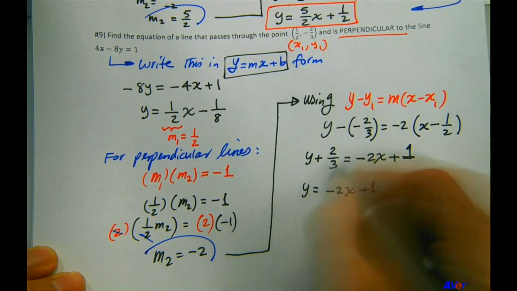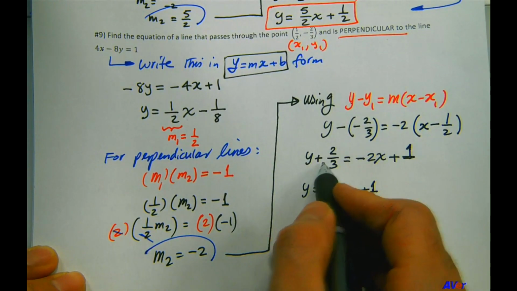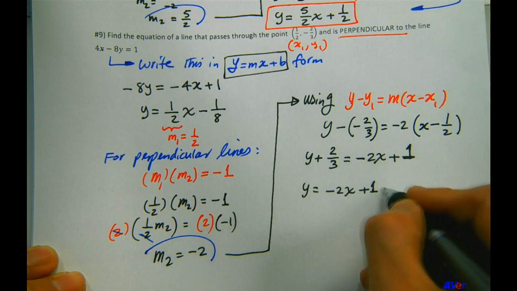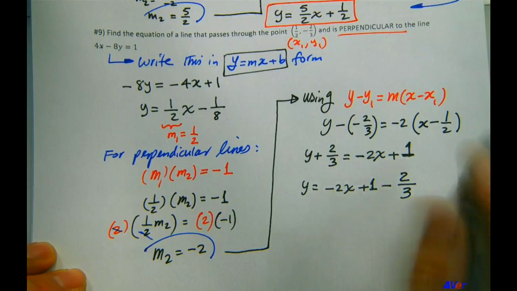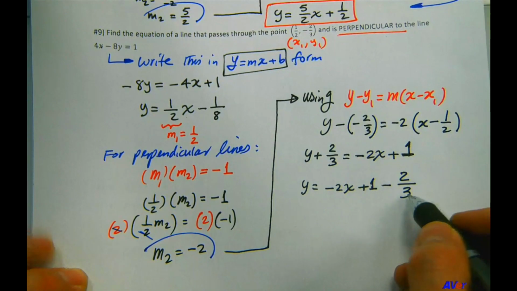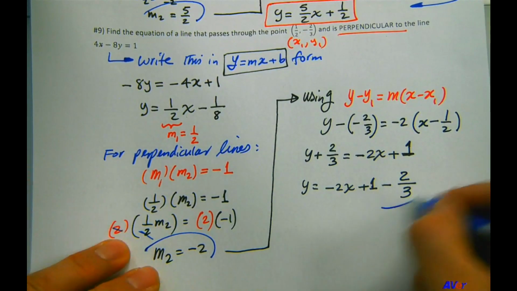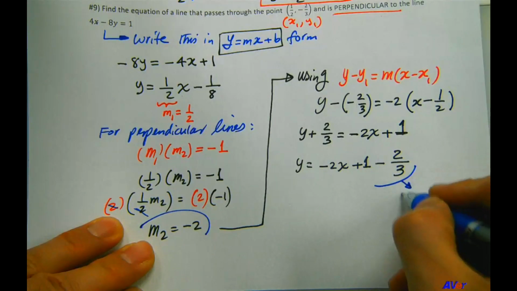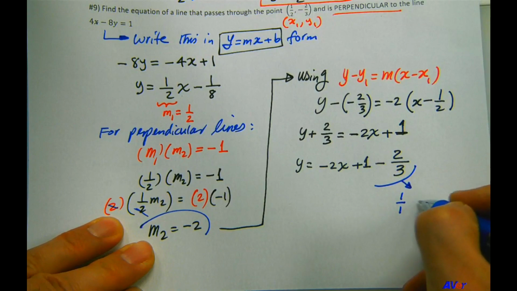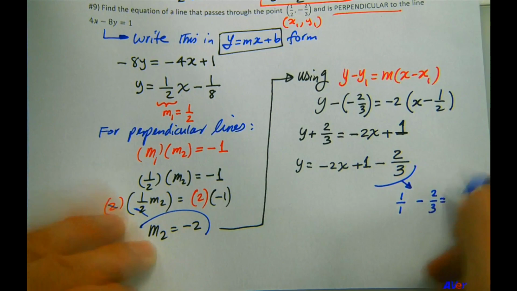Move the 2/3 to the other side. It was positive on this side. When you move it across the equality symbol, it becomes negative. Minus 2/3. So for this piece, take the common denominator. You have 1 over 1 minus 2 over 3.